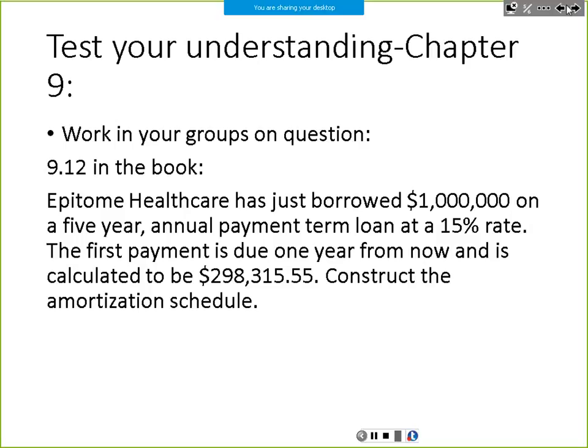The first payment is due a year from now, and it's calculated to be, so we've already passed step 1, we know our payment is going to be $298,315.55. So how would we set up the amortization schedule knowing all this information?